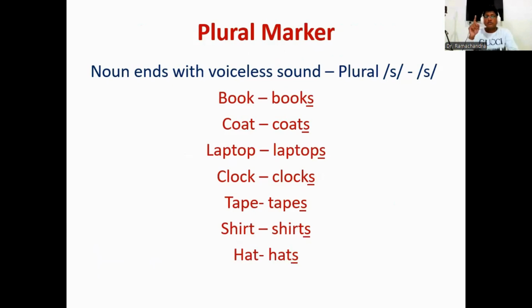If the noun ends with a voiceless sound, the plural s stays s. Book, books. Coat, t, voiceless, coats. Laptop, p, voiceless, laptops. Cloak, cloaks. Tape, p, tapes.